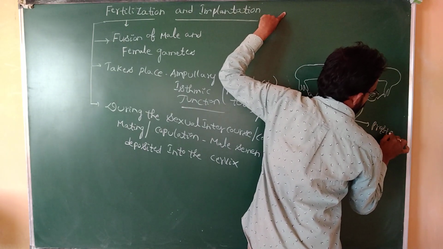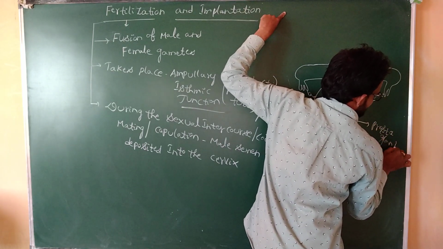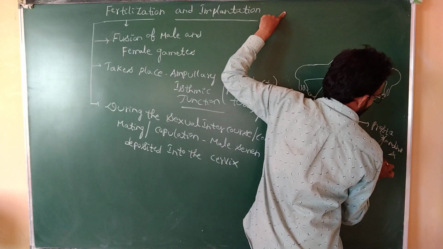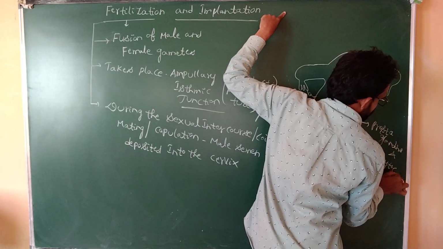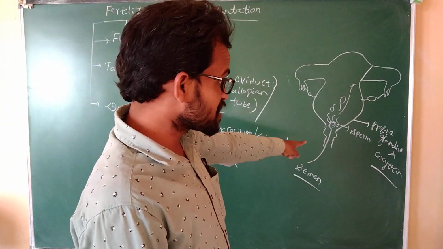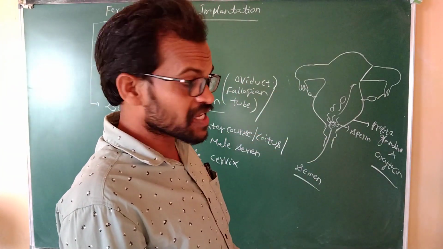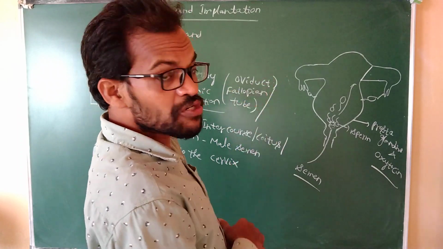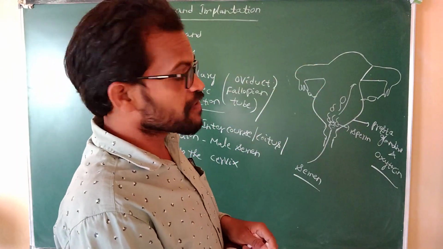Contraction is aided by prostaglandins and oxytocin. The oxytocin is produced by the female, and the prostaglandin is present in the semen. With the help of prostaglandin and oxytocin, the sperm cells move up to the fallopian tube.